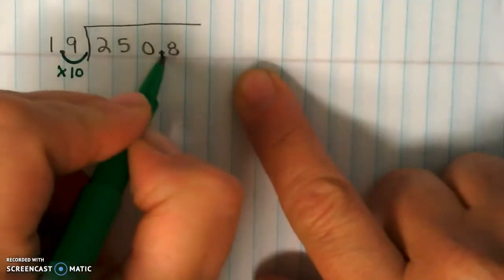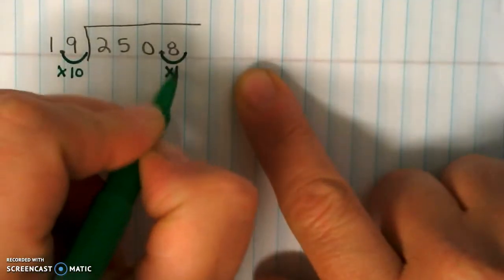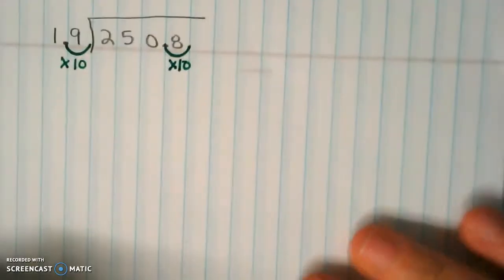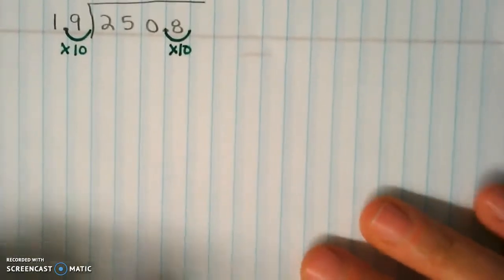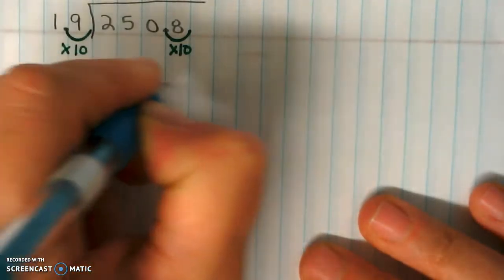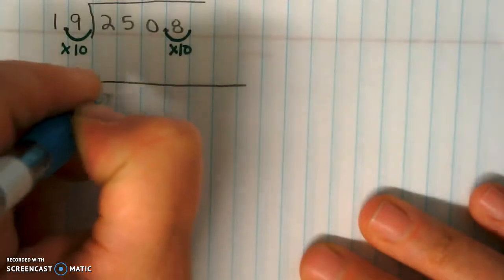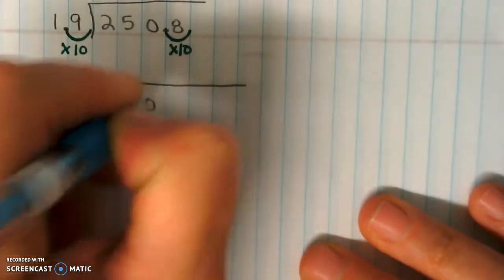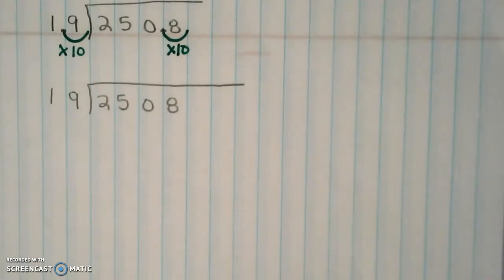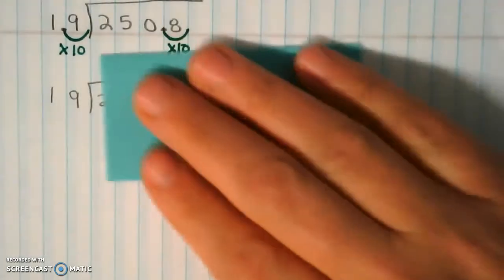Because I need to do the same thing to the dividend, I'm going to multiply that number by 10 as well. So I'm just going to rewrite this without all the mess. I have 19, and I want to see what the quotient is when I divide that into 2,508.